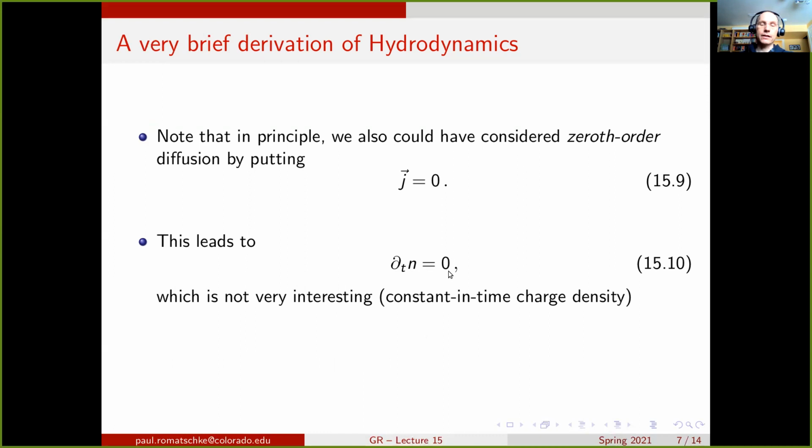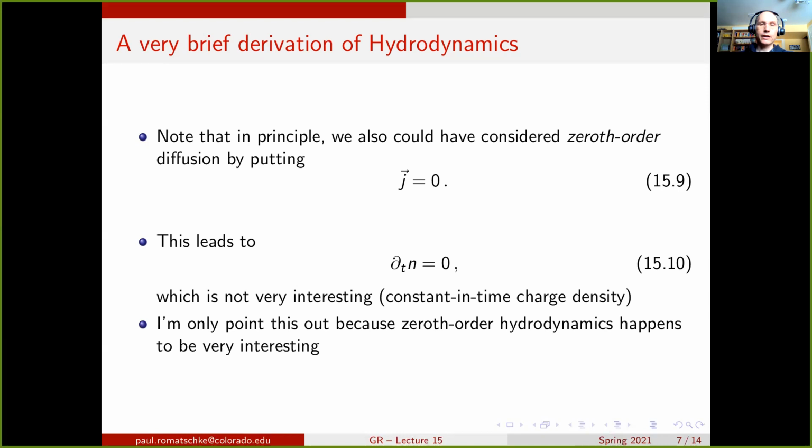And this means that the charge density is constant as a function of time, which is a particular solution for the time evolution of charge density. It's not a very interesting solution. So that's why usually one considers the diffusion equation to be the first non-trivial order at which stuff happens. But in principle, we could have done 0th order diffusion.